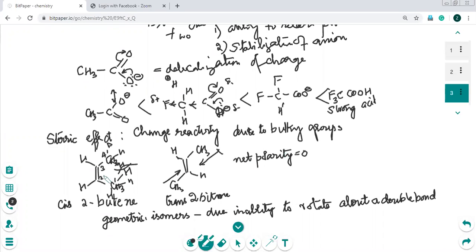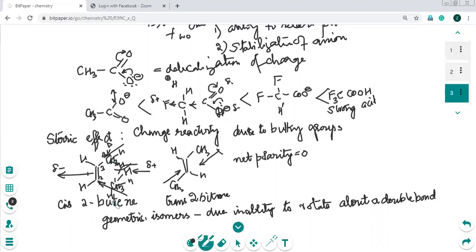But here, the polarity is on one side, it is this direction, and on this side, it is this direction. So overall, there is a polarity towards this direction. The average of these two will be along this direction. That means this side will be delta negative, and this side will be delta positive.